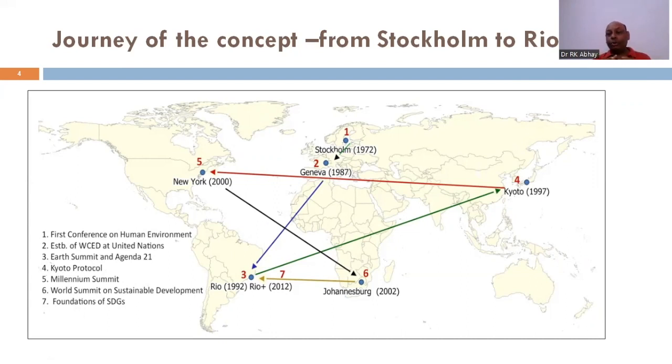In response, in 1997, the Kyoto Protocol was signed, to reduce our CO2 emissions and take other climatic actions to combat climate change. Then in 2000 in New York the Millennium Summit was held, and the outcome was seen in the form of the Millennium Development Goals.